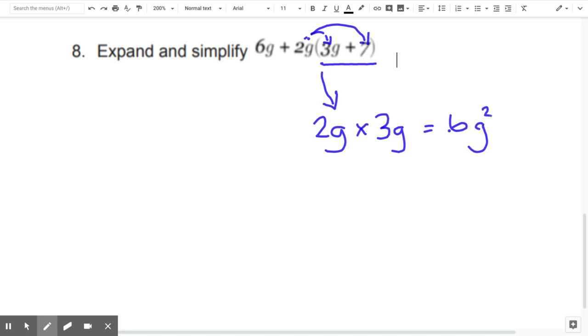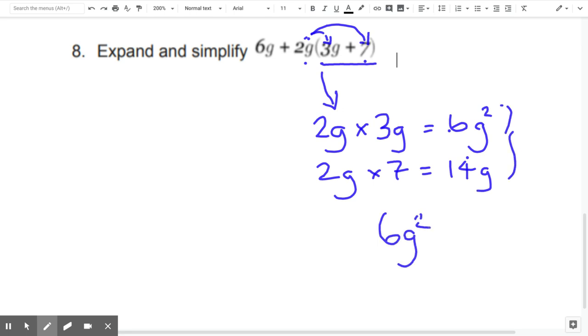We'll then have the 2g multiplied by 7 for the second half of the bracket, and that's going to give us a 14g term. So if we've then got that as the multiplied out portion of the bracket, that's then 6g squared plus 14g. Okay, so that's the multiplied out bracket.